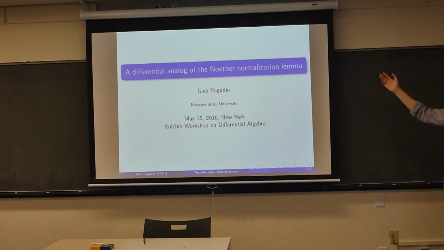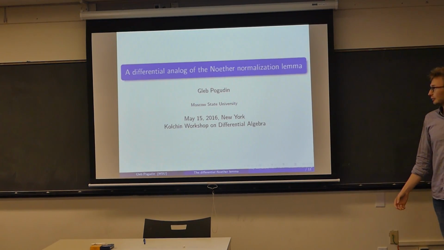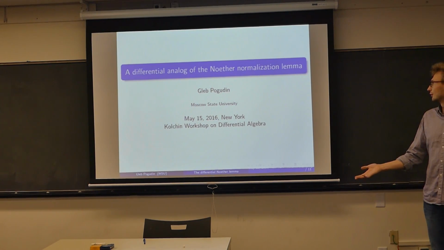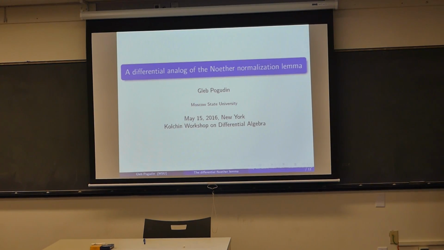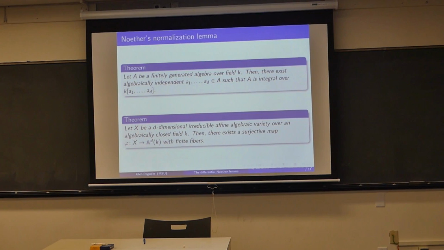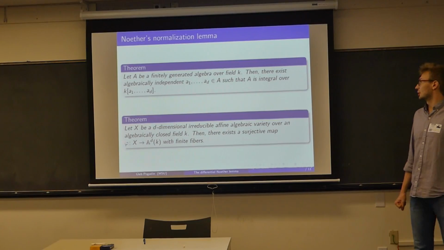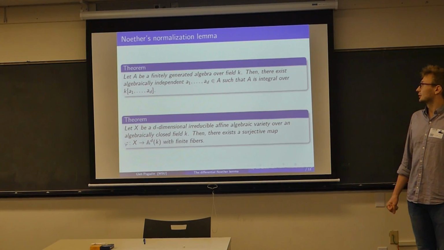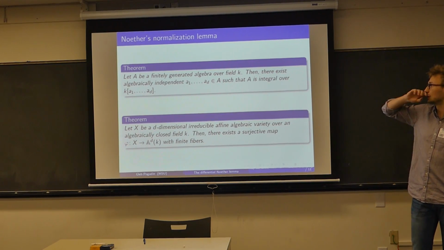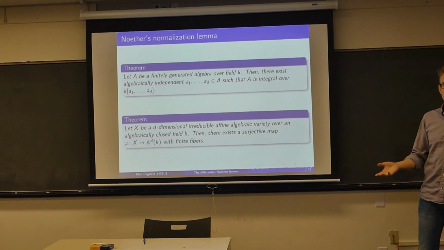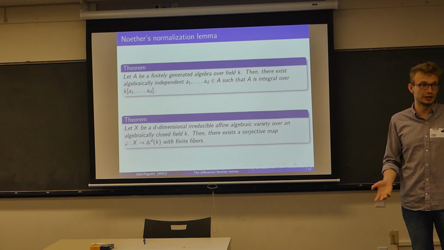So I'm going to speak about some differential analog of a well-known fact from commutative algebra and algebraic geometry. You can think about the simple algebraic normalization in two ways: geometric and algebraic.